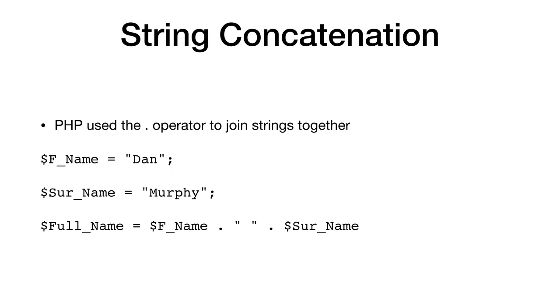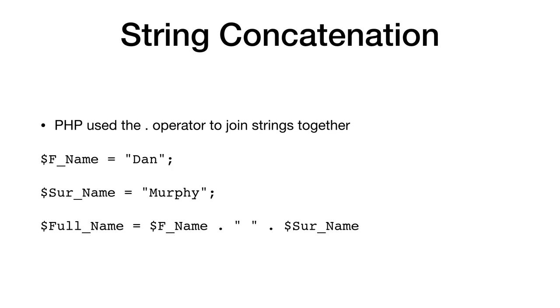We use the dot operator there to join two strings together. So here we have variable fname gets Dan. So fname now stores Dan. We have variable surname gets Murphy. And then the last line we're saying variable full name gets variable fname dot, and we're putting in an empty space there.